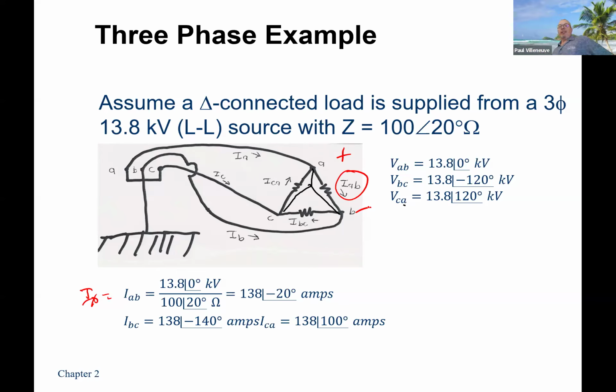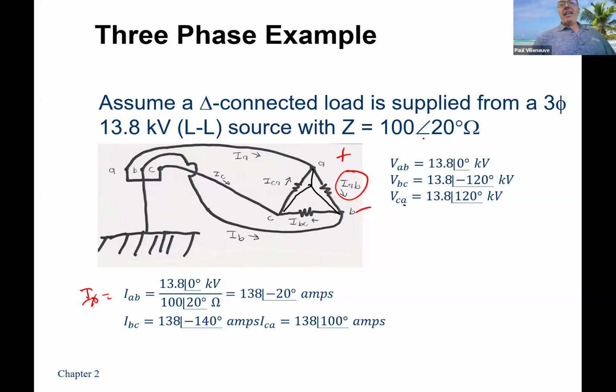I can certainly plug in 13.8 kV at an angle of minus 120 and divide that by 100 at an angle of 20. But I don't need to, because I know that the currents are phase shifted by 120 degrees. So I can just plug in a phase shift and end up with 138 at an angle of minus 140, or 138 at an angle of 100.